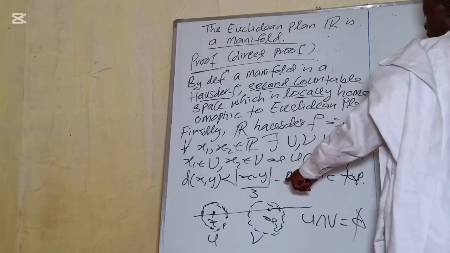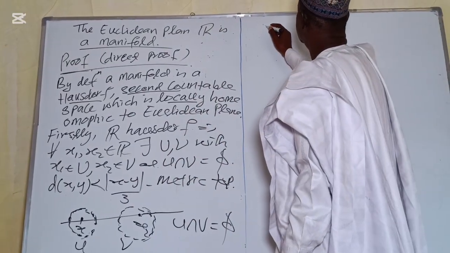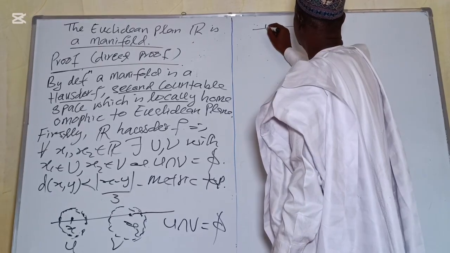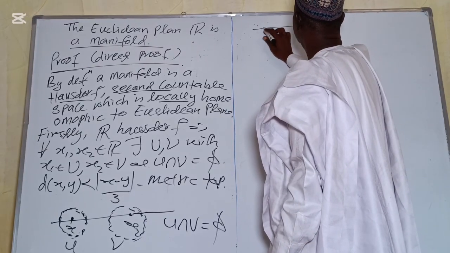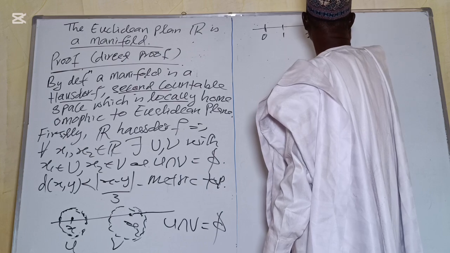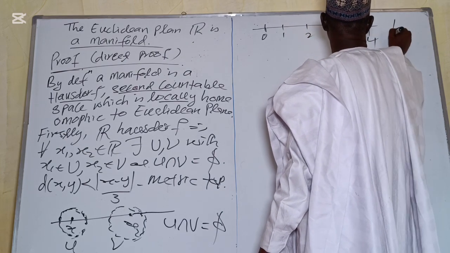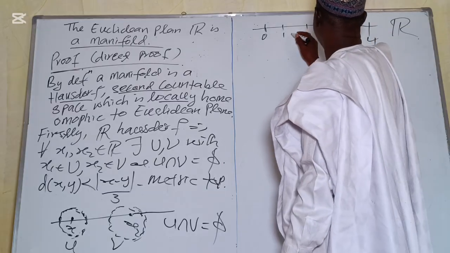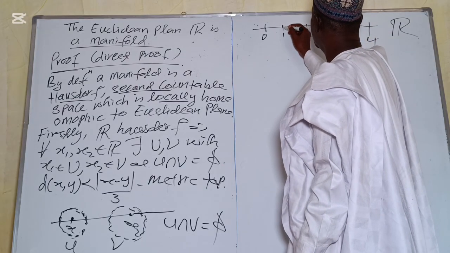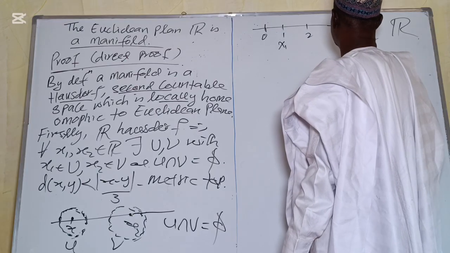For whatever the values of x and y, this distance function will not allow them to touch each other. For example, suppose I have 0, 1, 2, 3, 4 on my R, and I pick x1 here and x2 here.